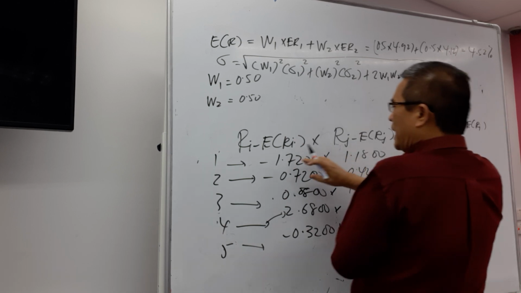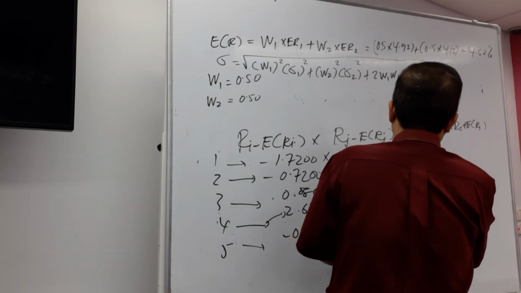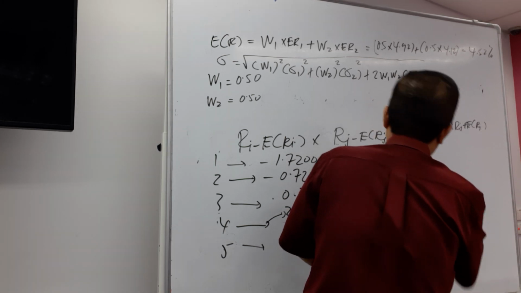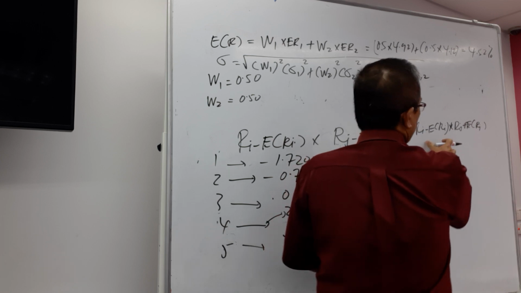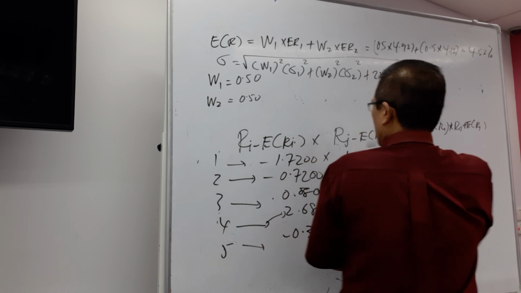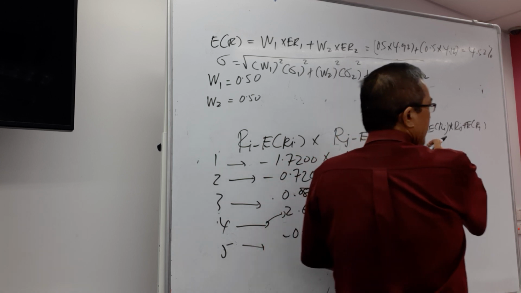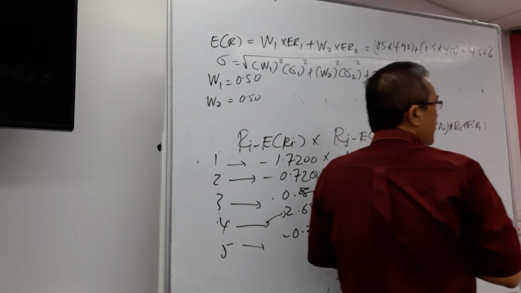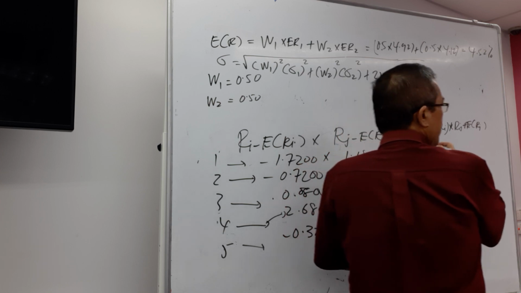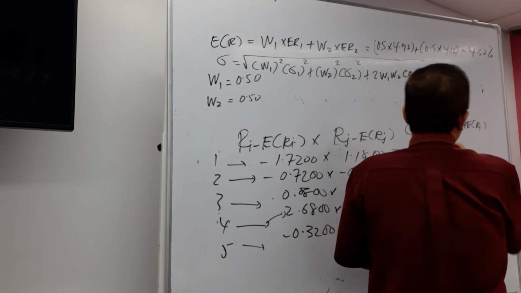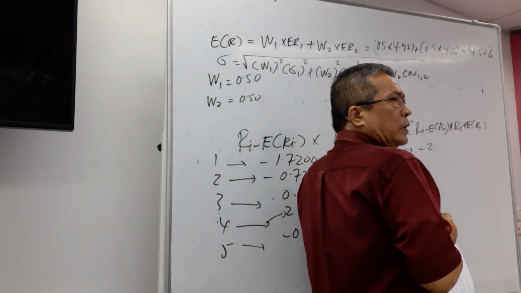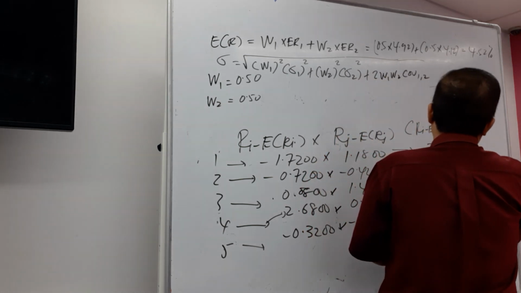ERj. So you multiply these two figures and you get the figure for 1, 2, 3, 4, 5. What is the figure here? First month, minus 1.72 multiplied by 1.18, minus 2.0296.